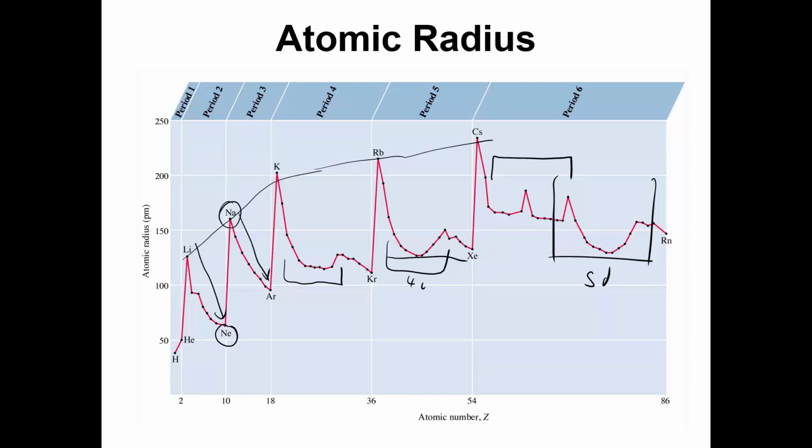This is called the lanthanide contraction, because elements 58 through 71, those are the lanthanides. And so you have these 14. They decrease that radius so that the 4d elements and 5d elements are almost identical in atomic radius. So something like ruthenium and osmium, which are under iron, have almost the same atomic radius.